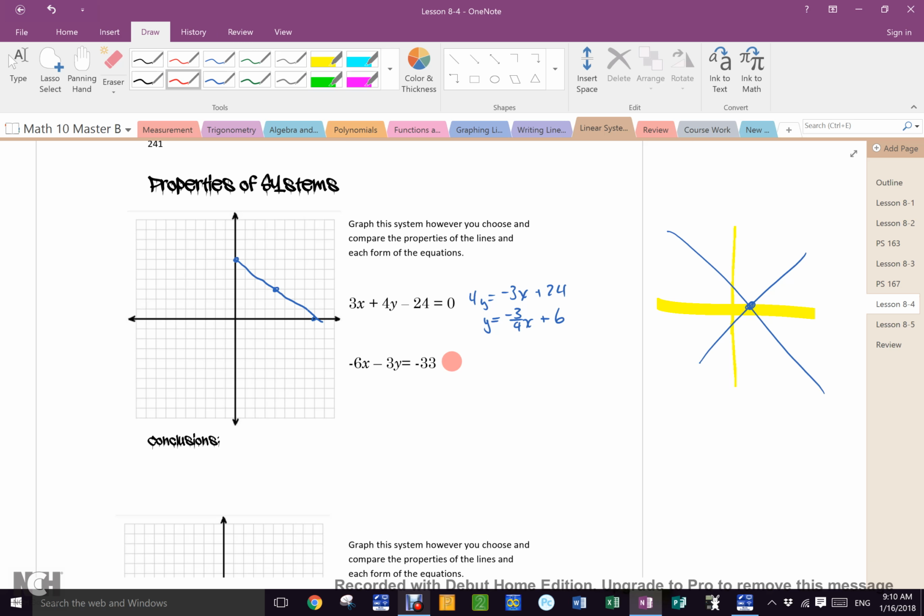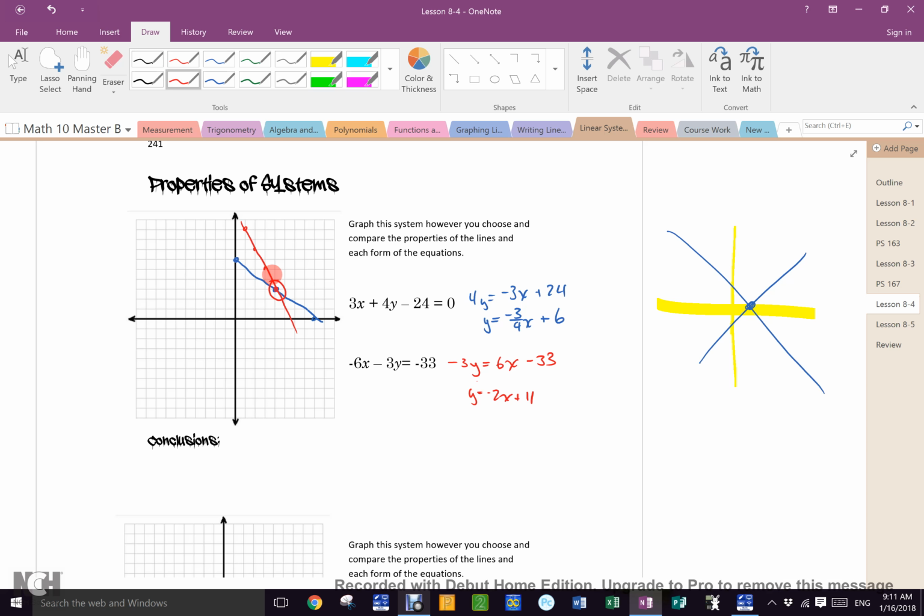So y equals negative 2x plus 11. So, Carlin, were you right in your prediction? He was absolutely right. They crossed, right?